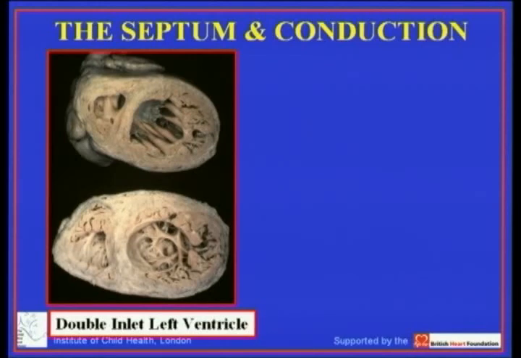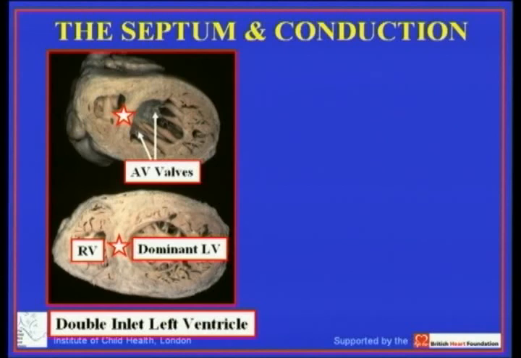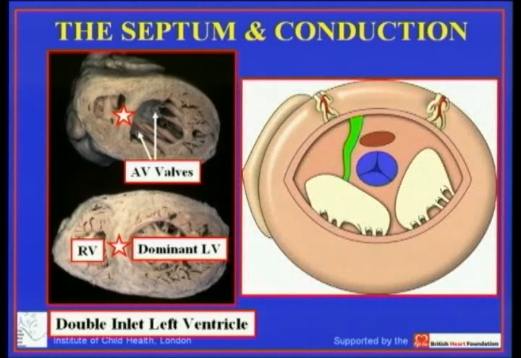So here again is double inlet left ventricle, shown to you by slicing off the apical component of the septum. And you see that the right ventricle is in front of the septum, the dominant left ventricle with both AV valves is behind the septum.